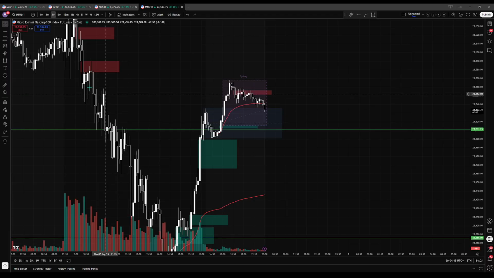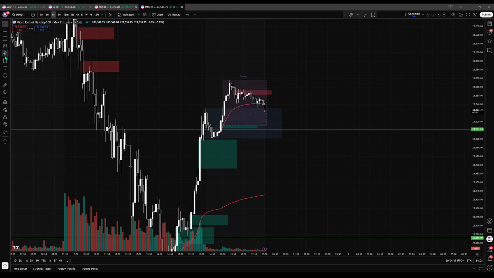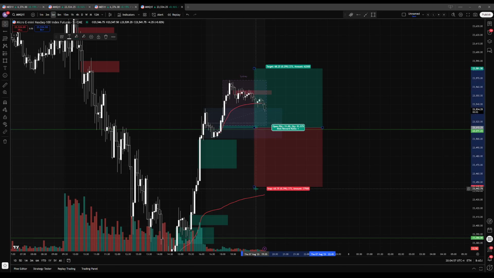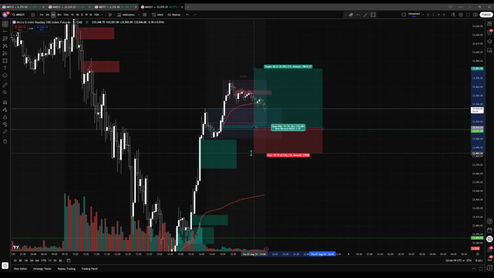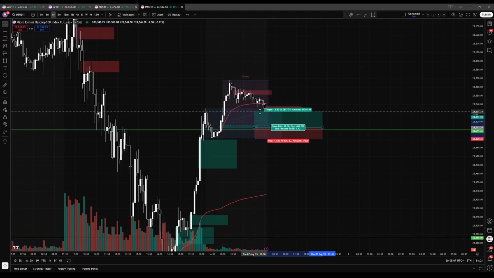So I would not be opposed to taking this long, which I'll just mark out now. And obviously we're going to take it in quant hour. I would not be opposed to taking this long right here with a stop below the zone and take profit at the top of the zone.